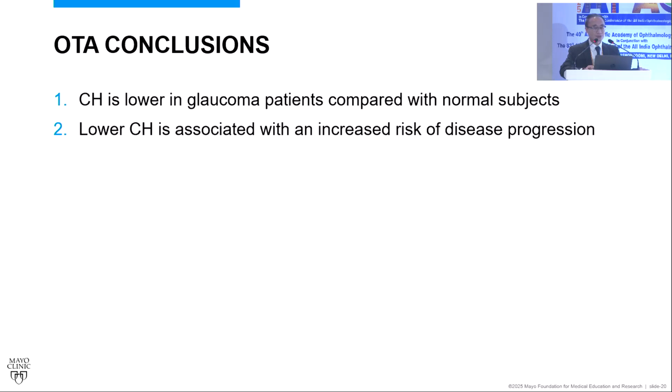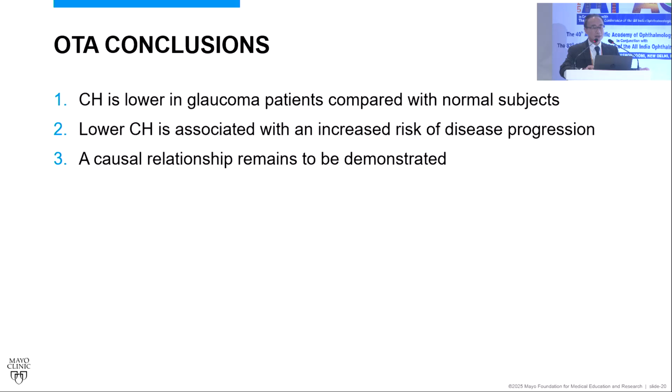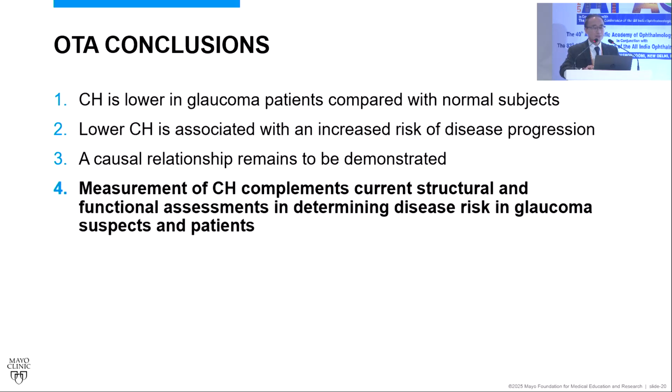Lower CH is associated with an increased risk of disease progression, but a causal relationship remains to be demonstrated. CH measurement right now does serve as a complement to current structural and functional assessments in determining disease risk in glaucoma suspects and patients.